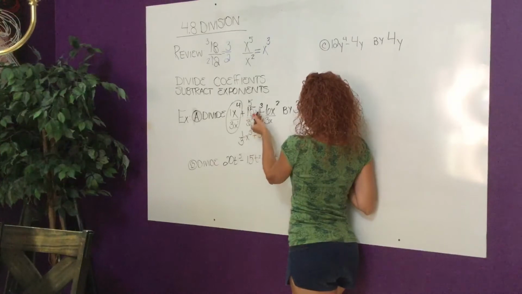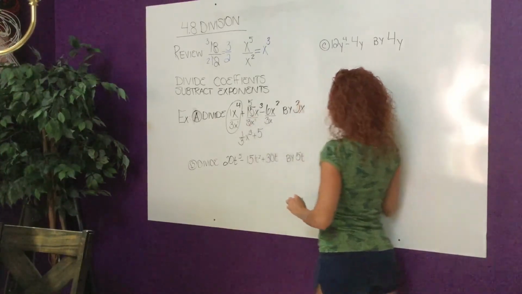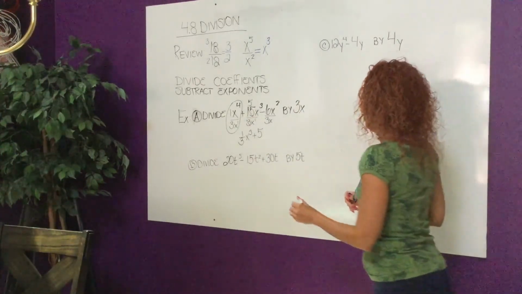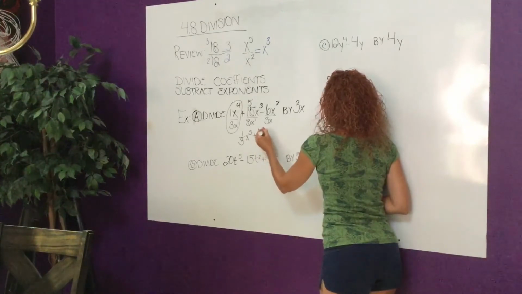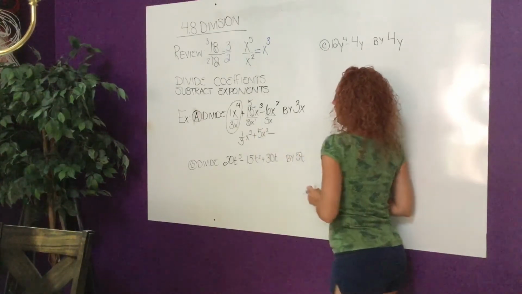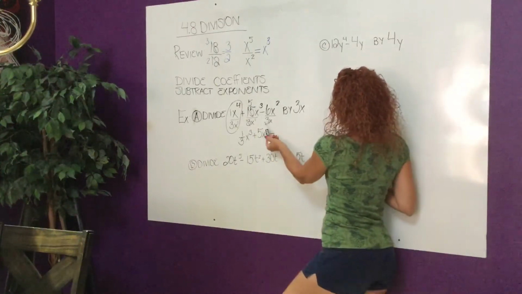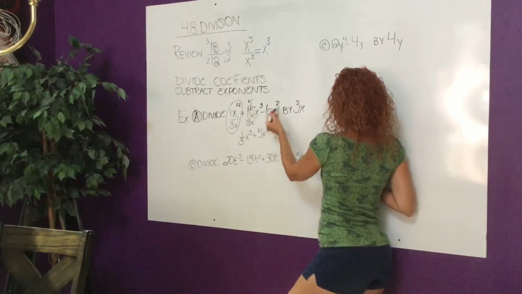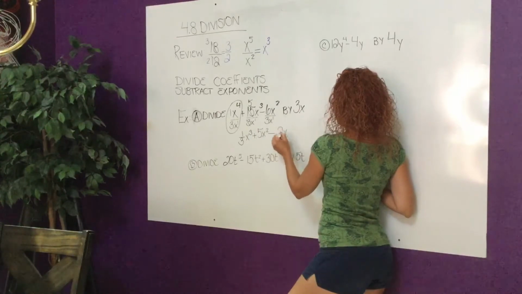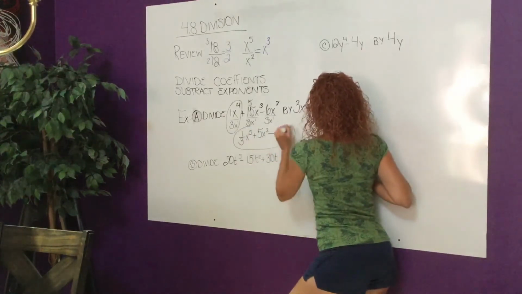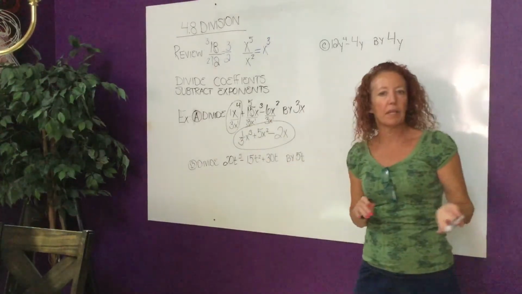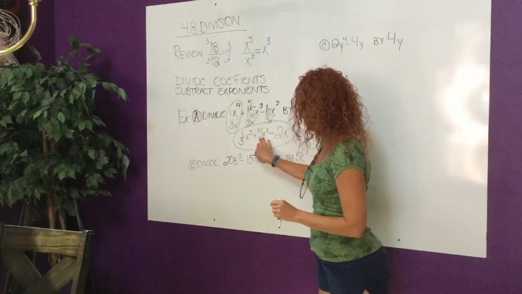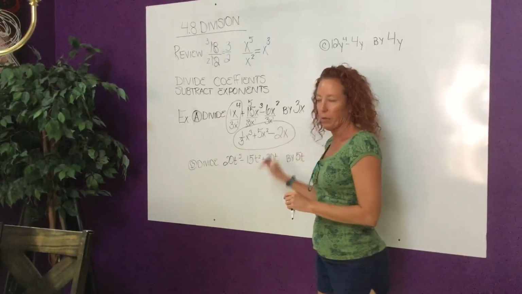And then x to the 3rd and x to the 1st, 3 take away 1 leaves x squared. Minus 3 divides into 6 twice, and 2 take away 1 is 1.